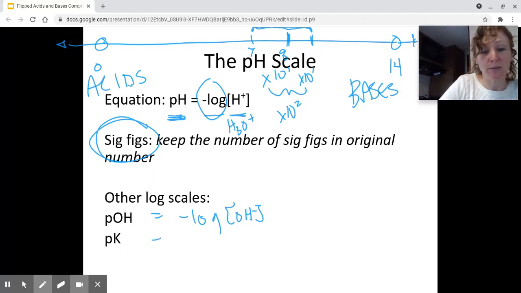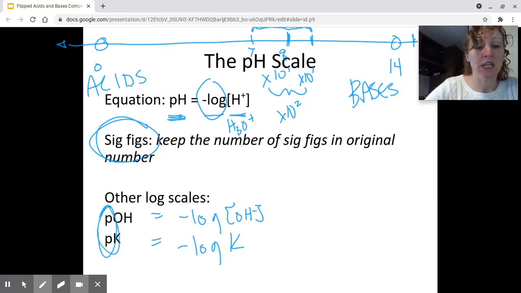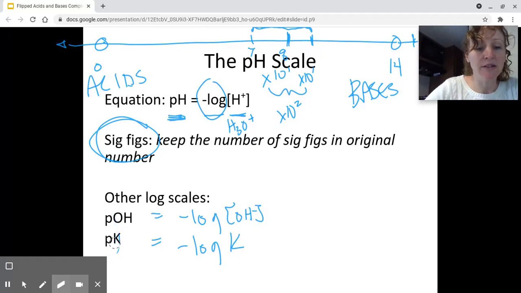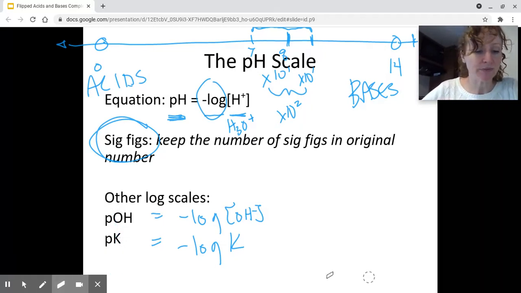A pK scale would be the negative log of whatever our K is, our KW, our KA, our KB, our KEQ, right? We can take whatever our K is, plug it in, and get a pK. So when we're talking about these P scales, you're just taking the negative log of whatever you're talking about.